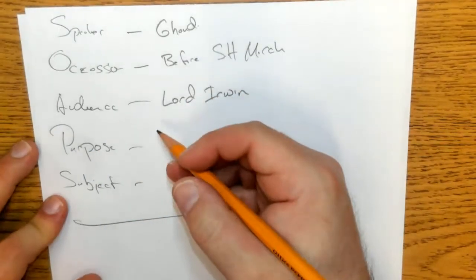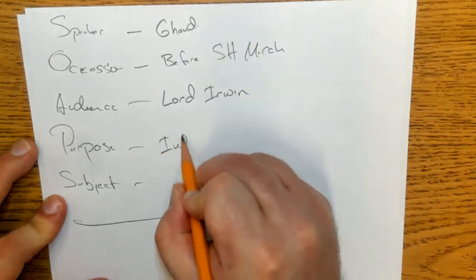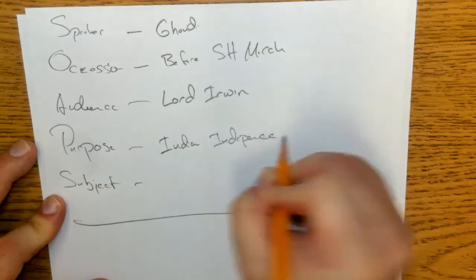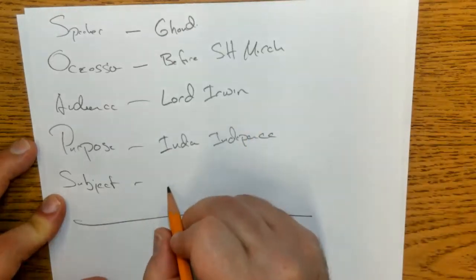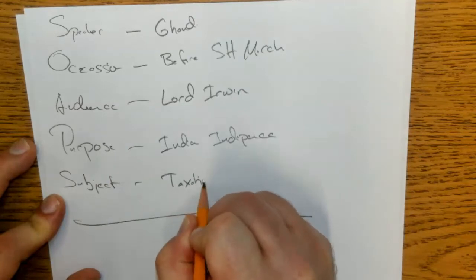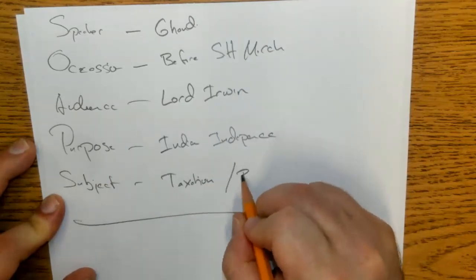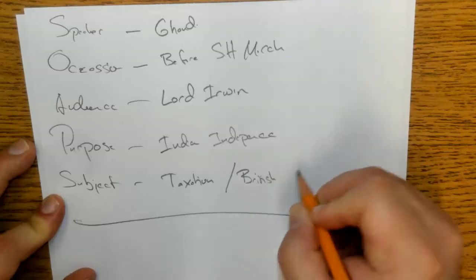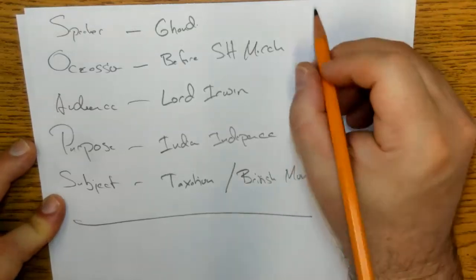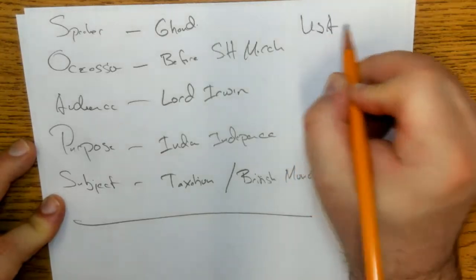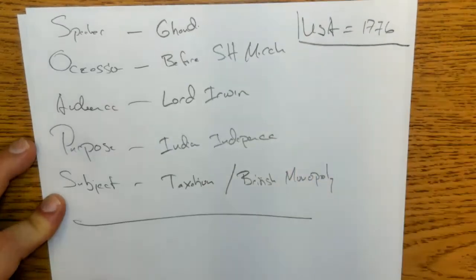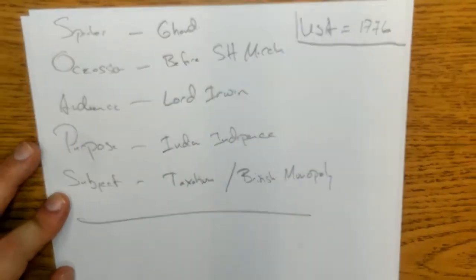Purpose is going to be Indian independence, and the subject is going to be taxation or British monopoly. Now, these are things that we should know about. Think about this as the USA in 1776. Okay, very, very similar. All those issues.